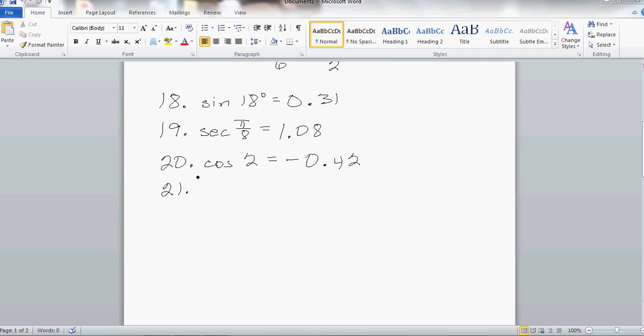21 and 22, we have a point on a terminal side of an angle, and we need to find the exact value. Now, in this case, this is not on the unit circle, but we can make it on a circle. So we've got the point -3, -4, which puts our point down here about like this.